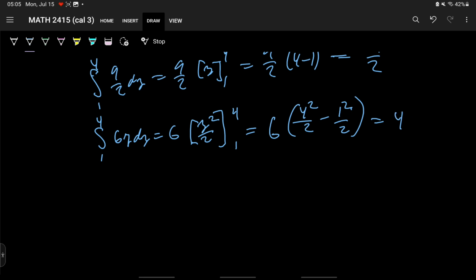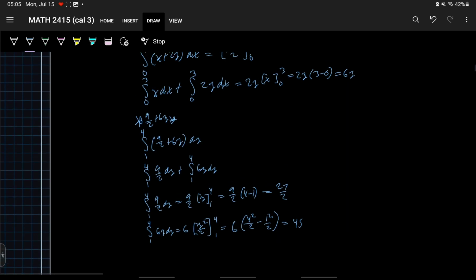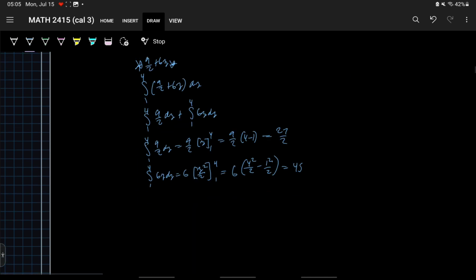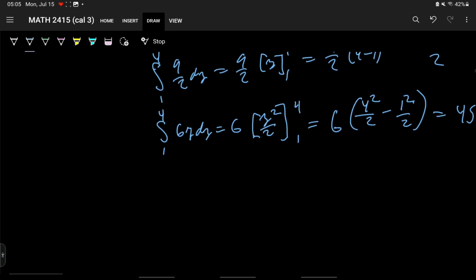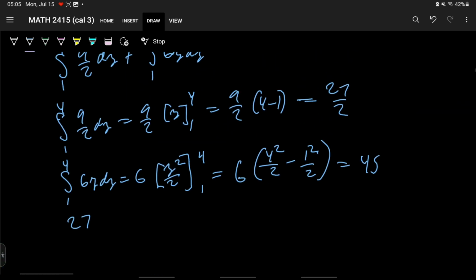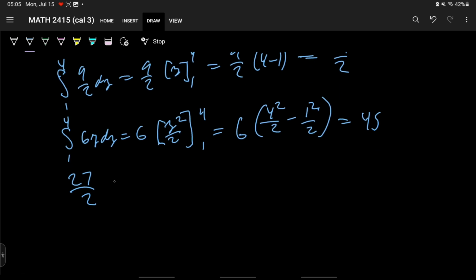Which is going to equal 45. And as a result of those two integrals, we're going to have 27 over 2 plus 45, which is 117 over 2.